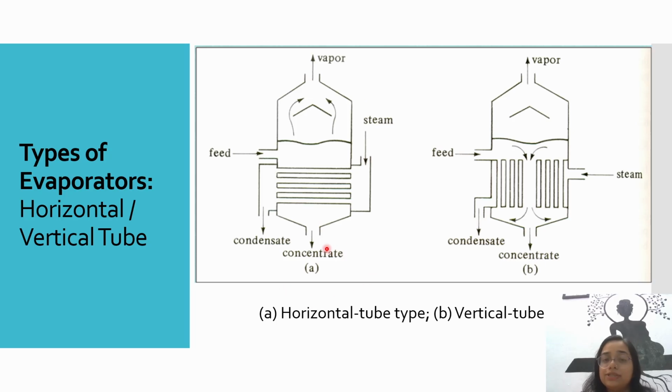As the steam loses its heat, ultimately we will collect it as the condensate, as we have discussed already in the previous slide. Similar operations take place in vertical tube evaporators also. The main difference is the alignment of the tubes. Here you can see it is horizontal, whereas here these tubes are aligned vertically.